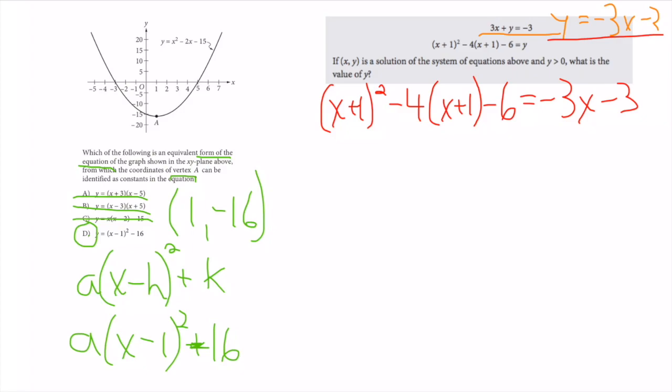What I want to do now is just solve for x. There are actually a couple of different ways to do that in this case, but probably the simplest way is to just expand and simplify. I'll let you do this one on your own.